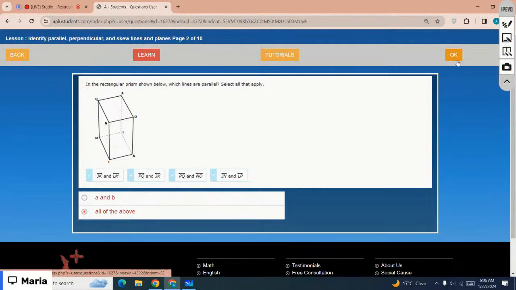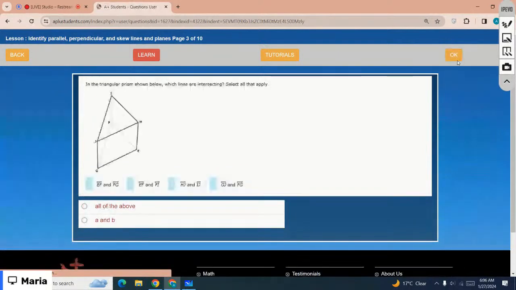Okay, for the next one, you have to answer. In the triangular prism shown below, which lines are intersecting? Which is the correct option? All of the above. How do I know?